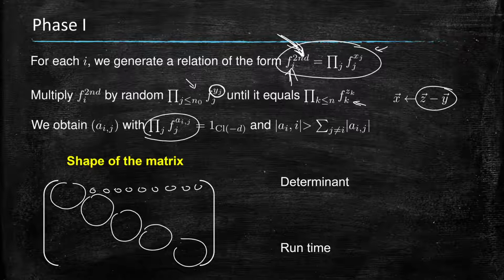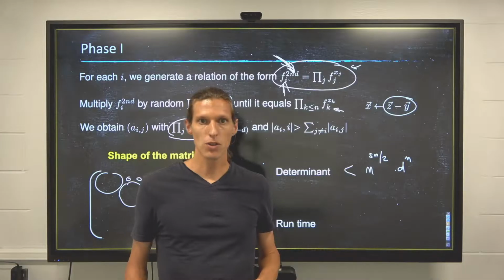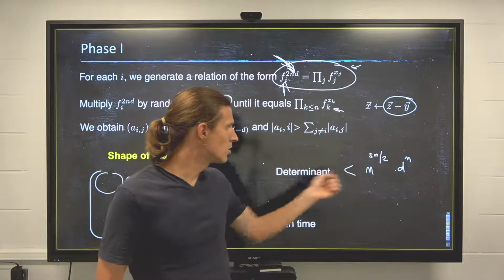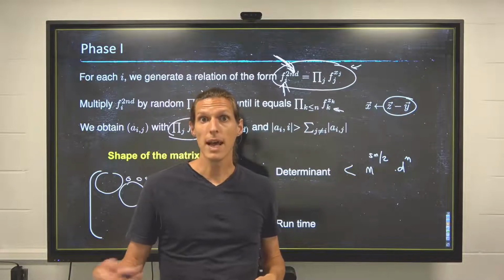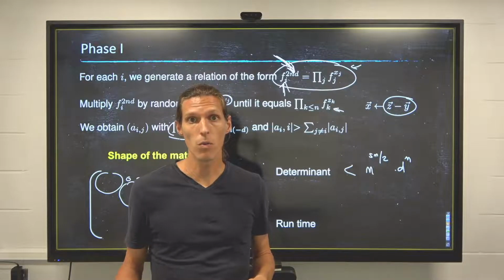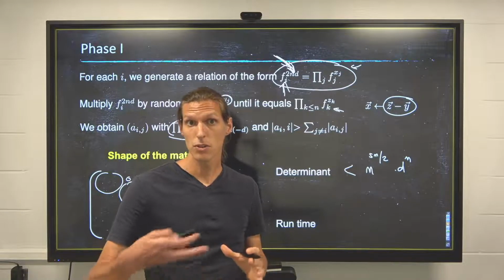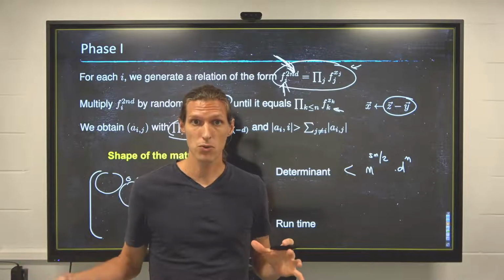Now the bad news is that the only bound that we know on the determinant is something of the form phi n to the 5n over 2 times d to the n. So something that is exponential in the values that we're considering, okay? So if you look at the log of the determinant, the log is n to the 1 plus o of 1, so the determinant has itself sub-exponential size.